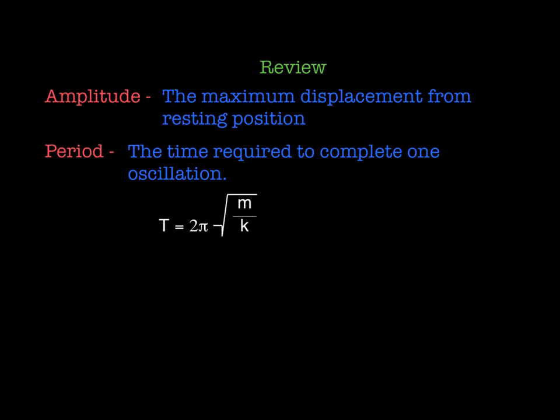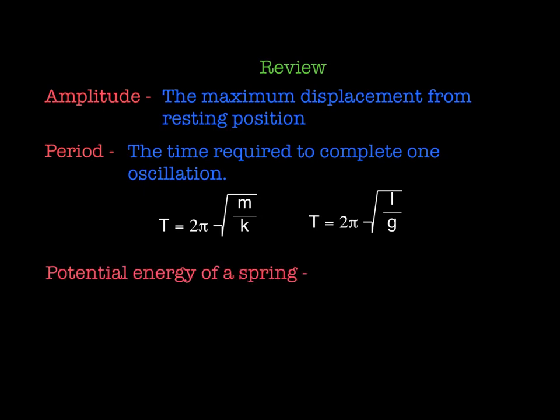For an oscillating spring, the period is T equals 2 pi times the square root of m over k, where m is the mass of the object being oscillated, and k is the spring constant. For a simple pendulum, the period is T equals 2 pi times the square root of L over g, where L is the length of the pendulum, and g is the acceleration due to gravity. We also discussed the potential energy of a spring.